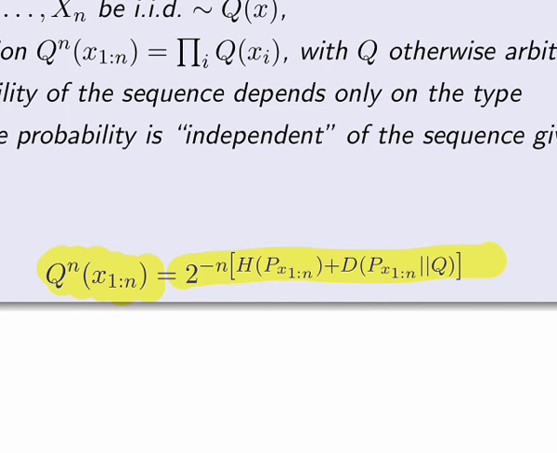Does anyone recognize this? So what happens when n gets big? What's going to happen to this guy, do you think? Just intuitively, using the AEP argument. That guy's going to probably get really small, right?